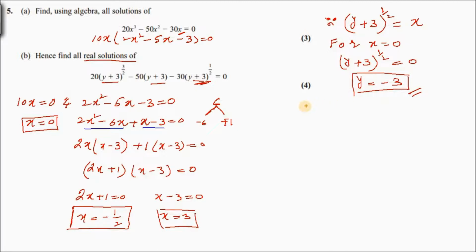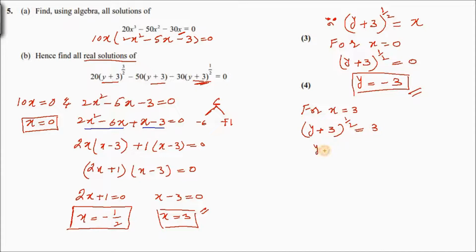Now let's talk about the second value, x equal to 3. So (y plus 3) to the power half gives us 3. When you solve this equation for y, you need to take the square.